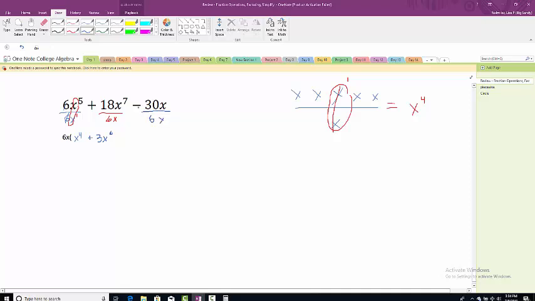Don't forget this is a subtraction, so it's minus 5. x divided by x is 1, but we don't need to put times 1. And then end the parenthesis. These are equivalent. 6x to the 5th plus 18x to the 7th minus 30x is the same as 6x times the quantity of x to the 4th plus 3x to the 6th minus 5.